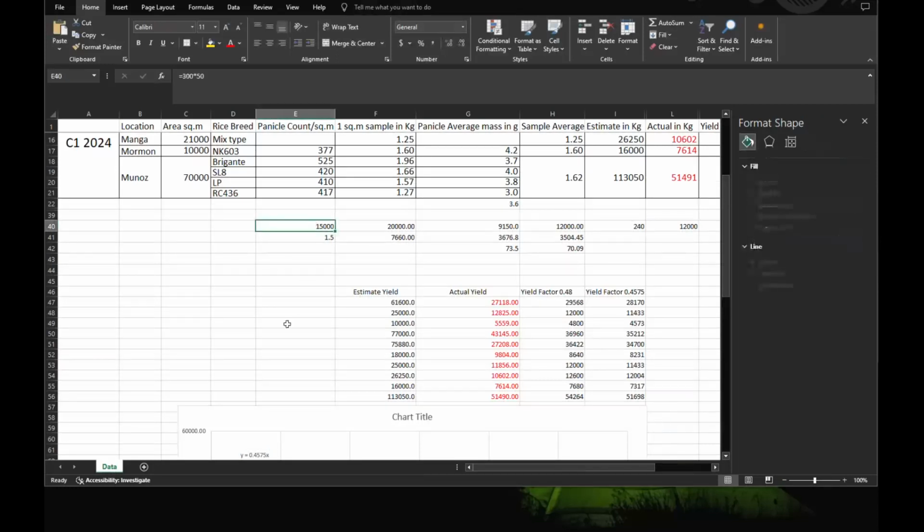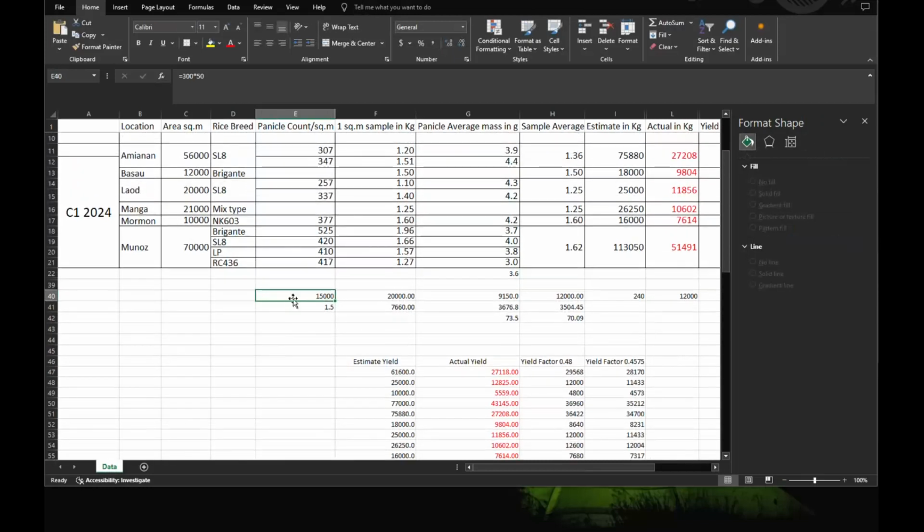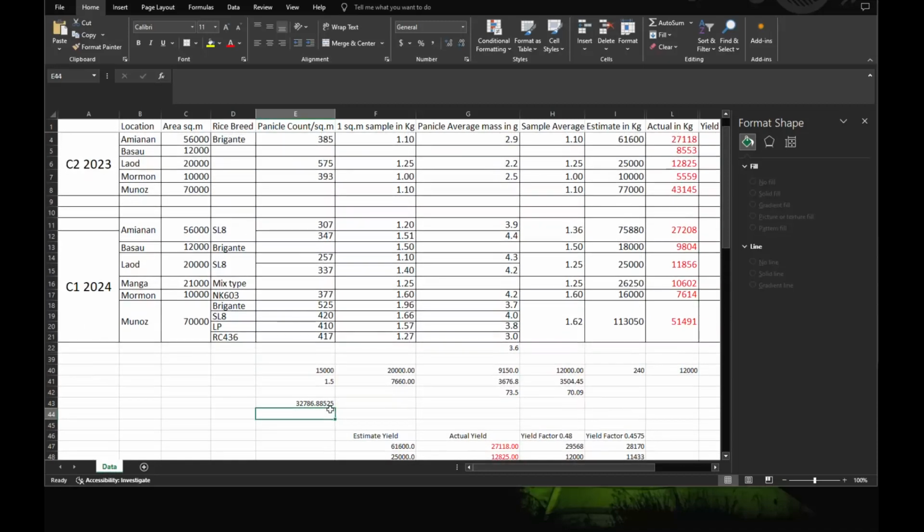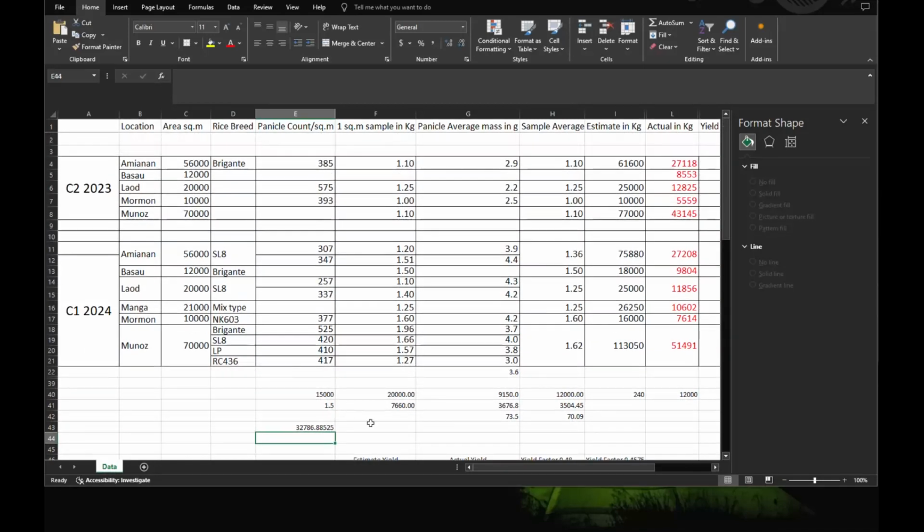Actually, what would be needed to get 15 tons? If I work backwards, okay? So work backwards, divided by 0.4575. Per square meter, it would be like 30.